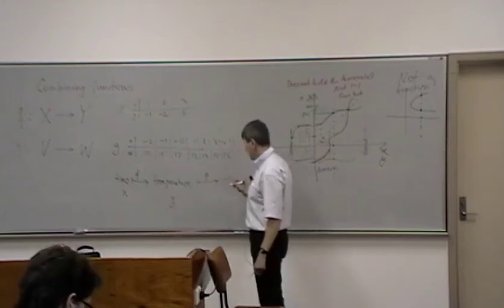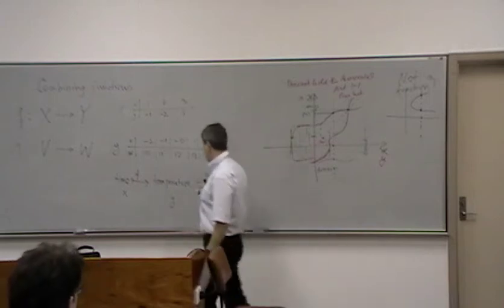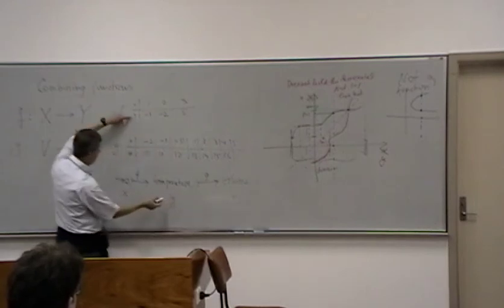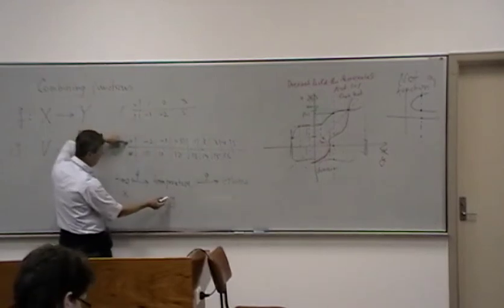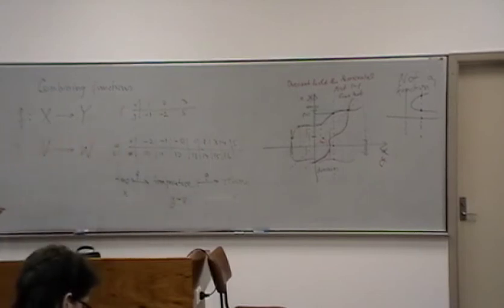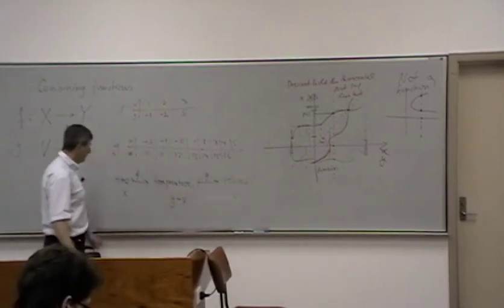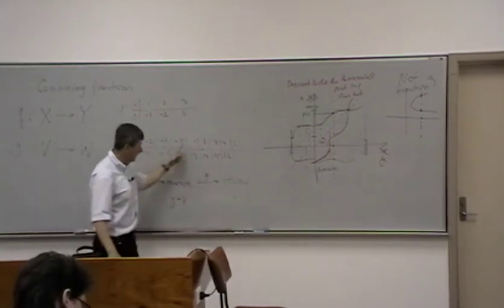And that would be, say, W. So we take the output y of the first function to be the input v of the second function, and then apply another function. So first apply f, then apply g.